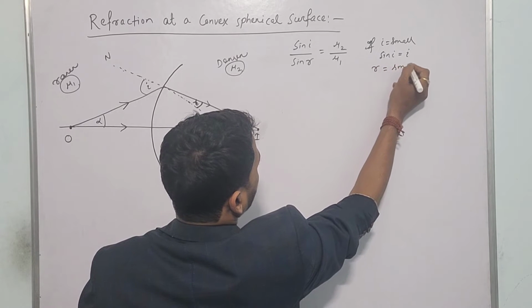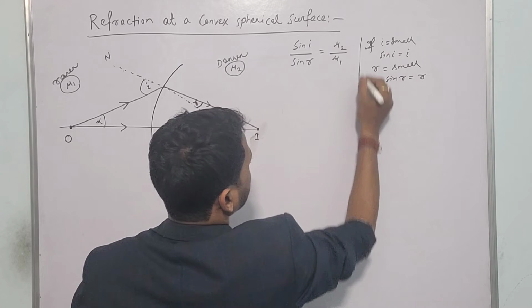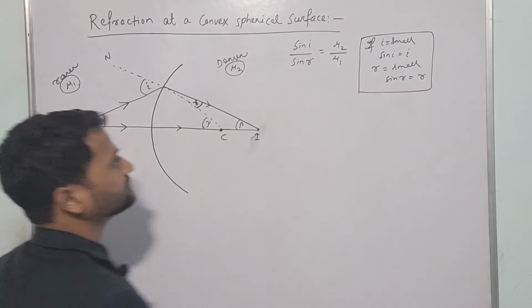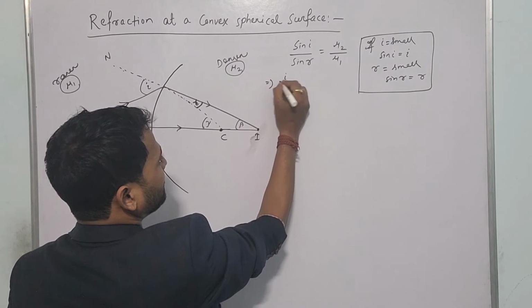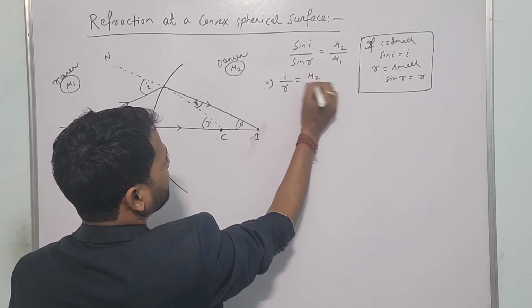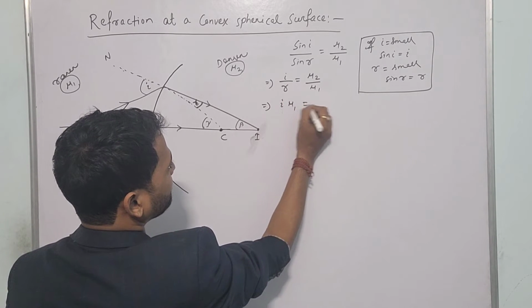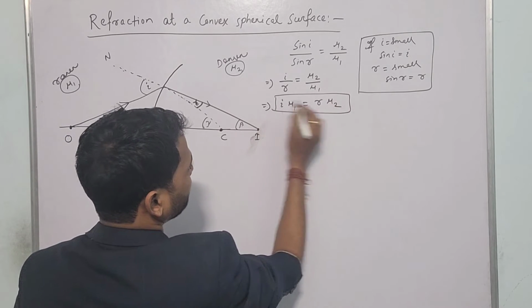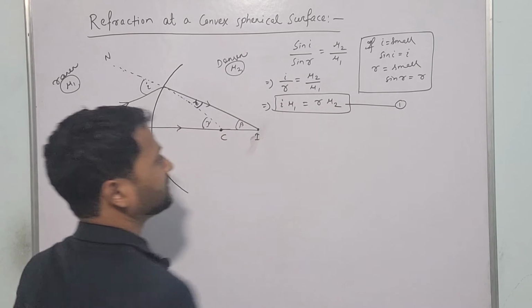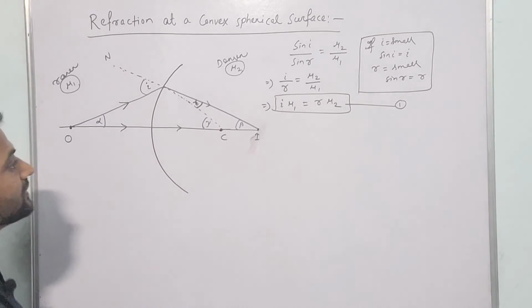Similarly, if r is small, we can consider sin r will be equal to r. Is it clear? That means I can write i by r will be equal to mu2 upon mu1. Then I cross multiply: i into mu1 will be equal to r into mu2. This is our original equation. Let this equation be 1. This is the primary equation, right?